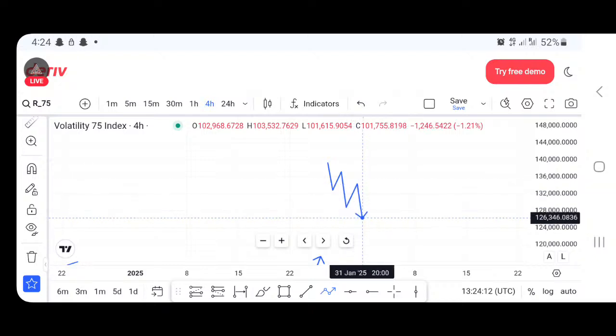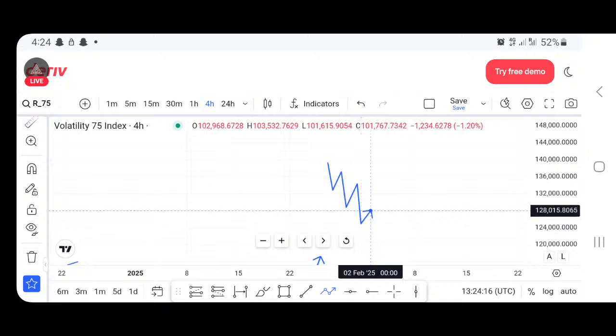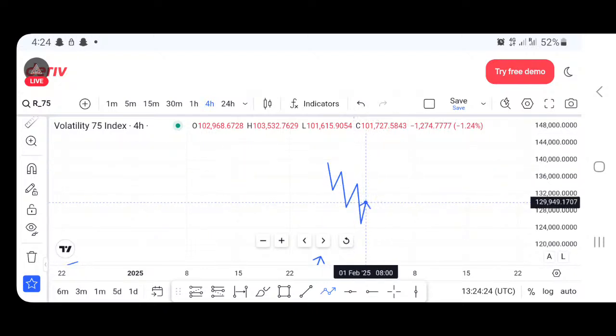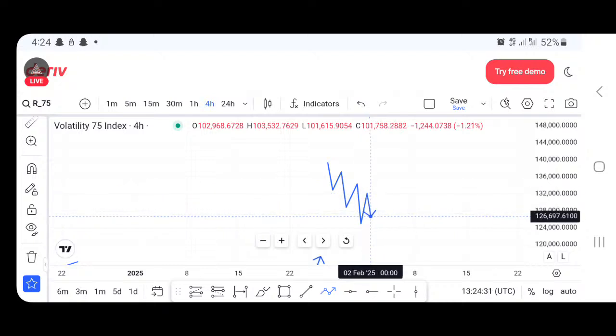When the time has reached to change from this move to start making higher highs, it will come here like that. It comes again, fails to go somewhere. Are you getting the point?